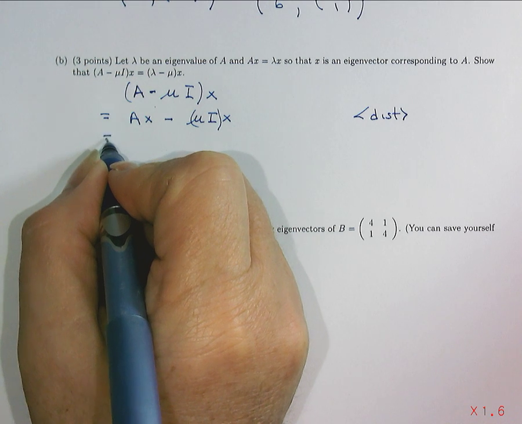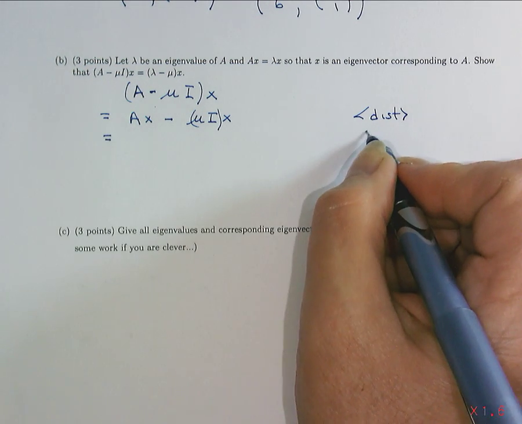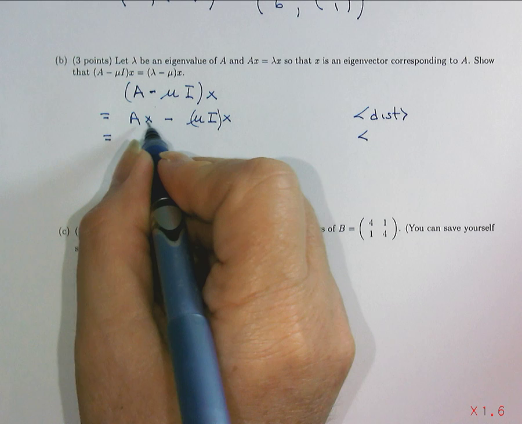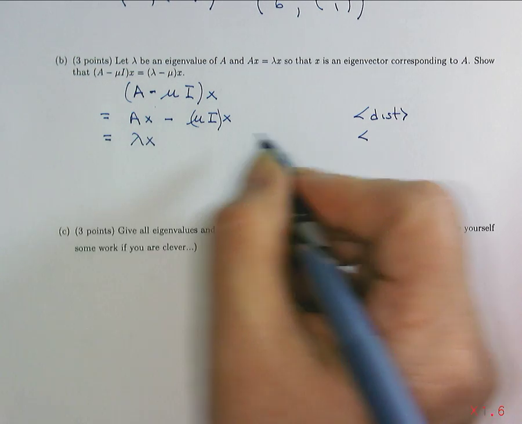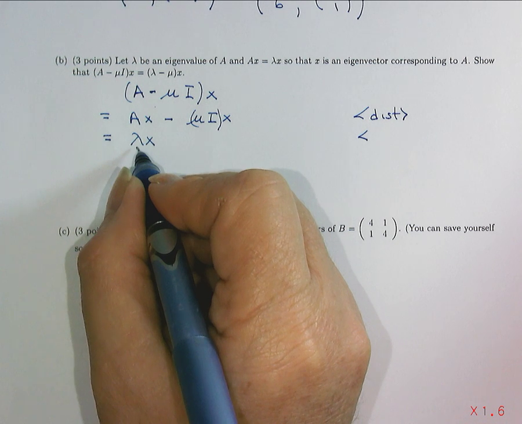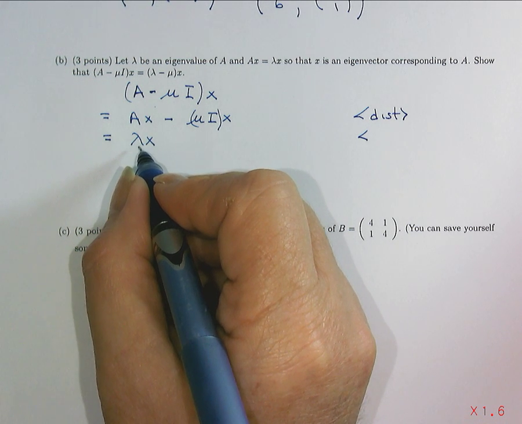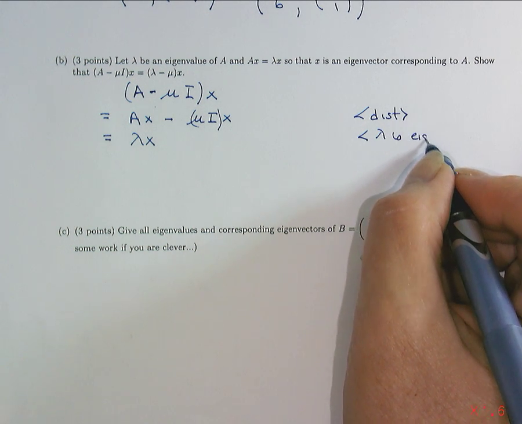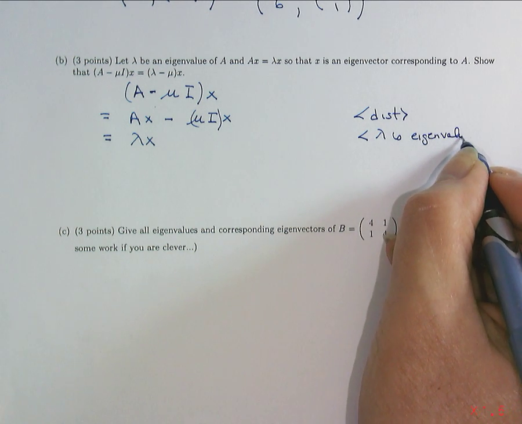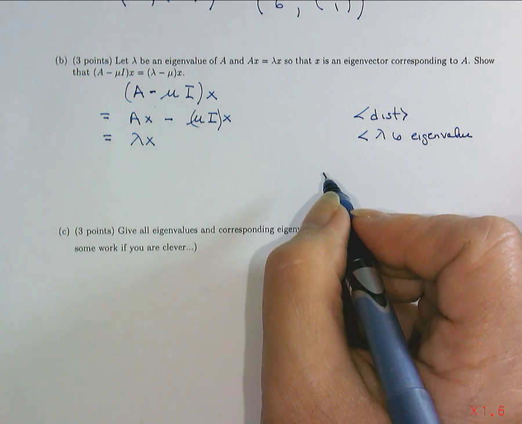And this is equal to, well, let's see, we can do a couple things at one time here. A times x is lambda times x, since lambda is the eigenvalue corresponding to the eigenvector x for A.